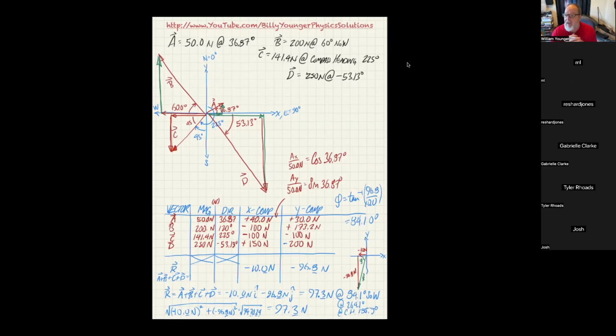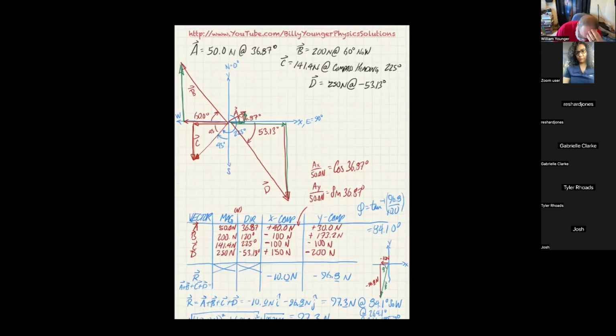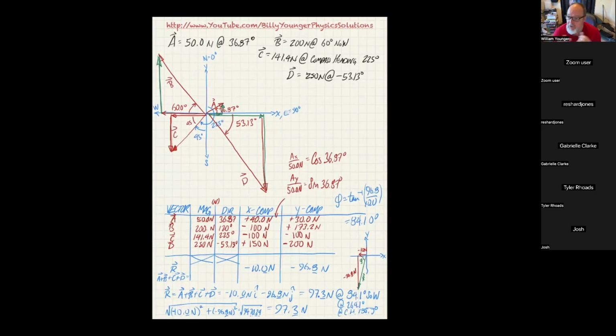And that's it. Time's up. I just wanted to make sure you guys knew how to add a series of vectors. In this case, I actually did 4 vectors. That method I showed you with the head to tail and the tail to tail, those work too. You just take 2 at a time.